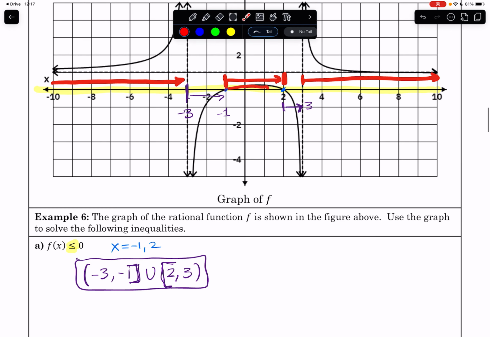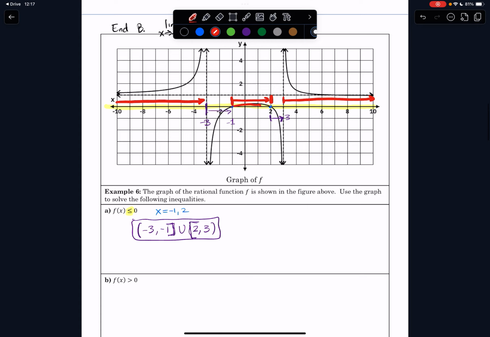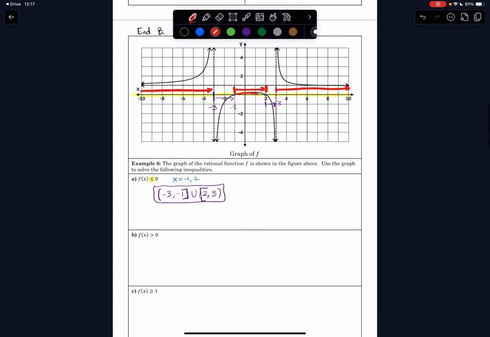Well, what intervals are those? The one on the very far left, and I'll zoom out here, is from -infinity all the way to -1. I'm sorry, that's -3. That's a -3.